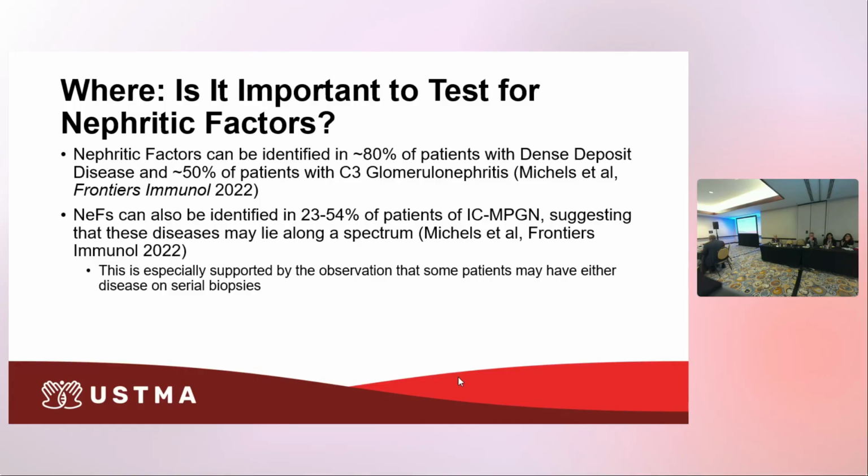And this is especially supported by many observations that many people, including myself, have made, that patients who are biopsied at the beginning of their disease, their biopsy subsequent to that and a serial biopsy may indicate the other disease process. So did a patient's disease really convert from one rare disease to another, or are these diseases fluctuating on a spectrum?